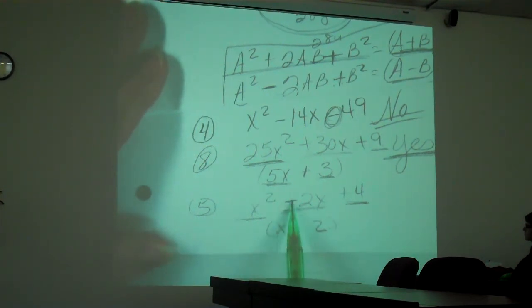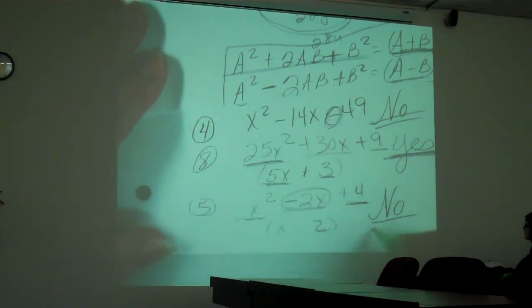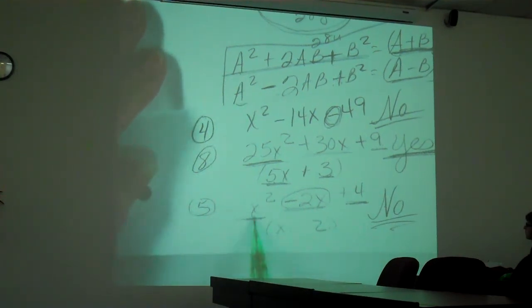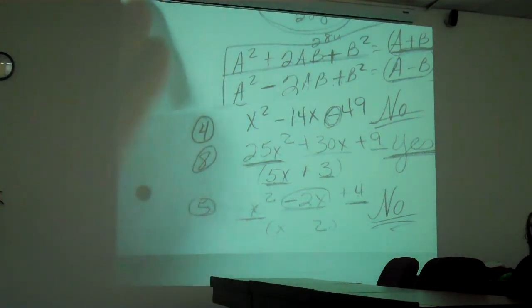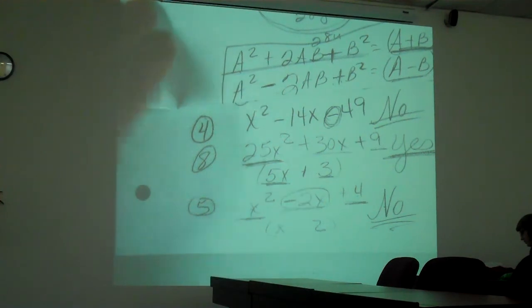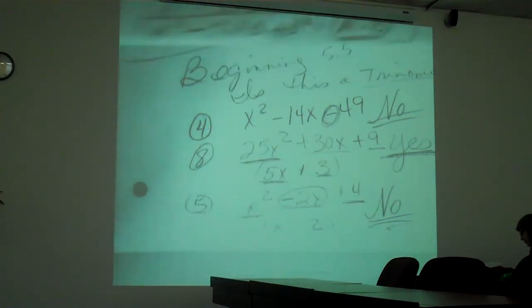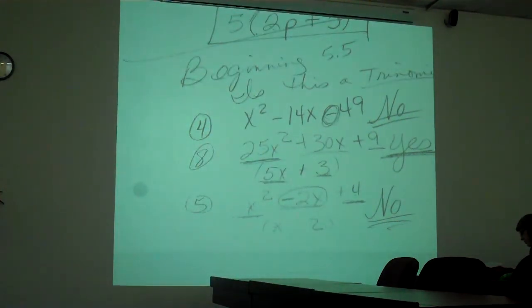So if this was a plus 4 or minus 4, it would have worked. But because of this, this is not a trinomial square. Looking at that, it looked like it was going to be the right kind, but it's not. So that's how you do the first problems there for recognizing it. You may have to actually start doing the factoring to figure it out.